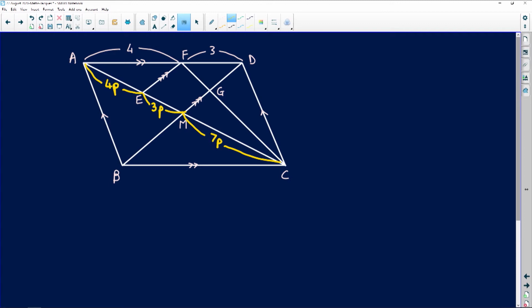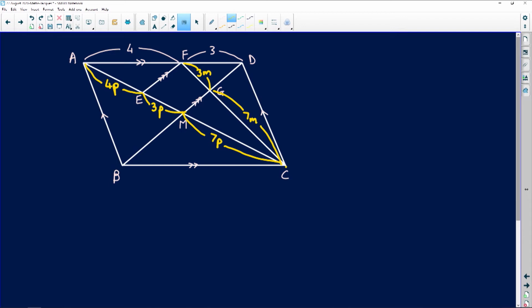Okay, now let's move into triangle EFC. In triangle EFC, this line MG is parallel to EF. And we've already got 3p to 7p. So we're going to say this here is, let's make it 3m to 7m for now.